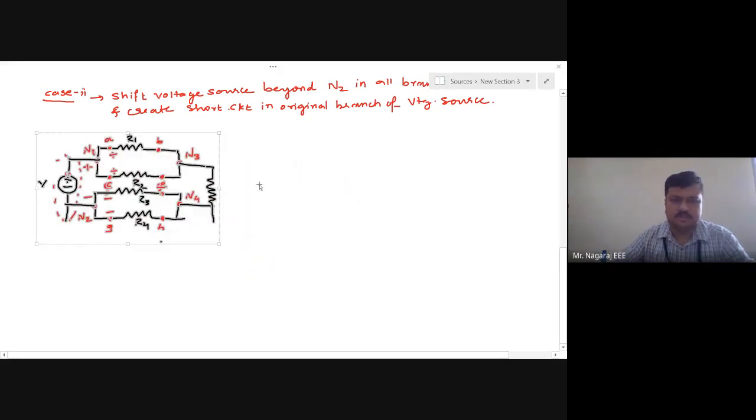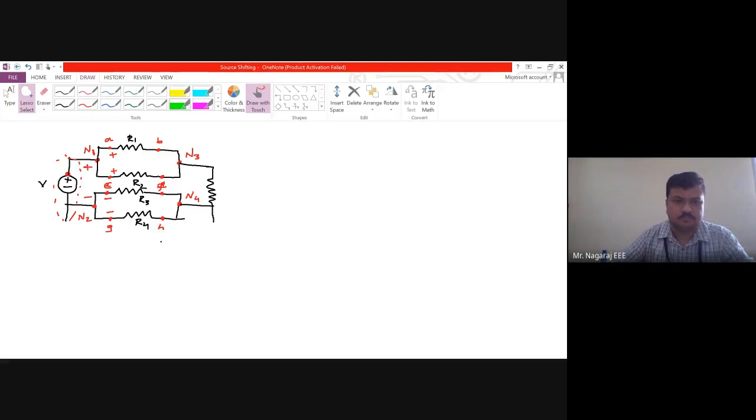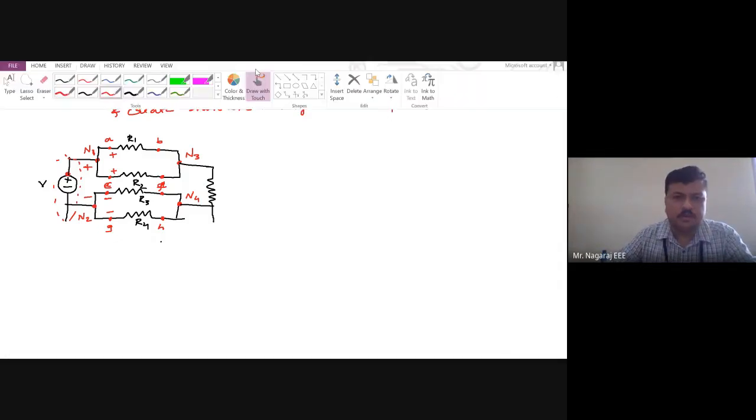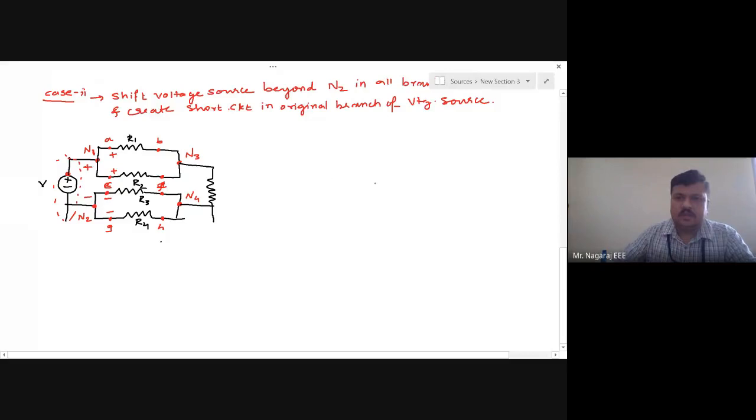Okay. This is my original circuit. Fine. Now I have to shift this voltage source beyond the node N2, into all the branches connected to it, that is the branch with R3 and the branch with R4, and replace the original branch of the source by a short circuit. So I will keep the R1, R2 branch as it is.